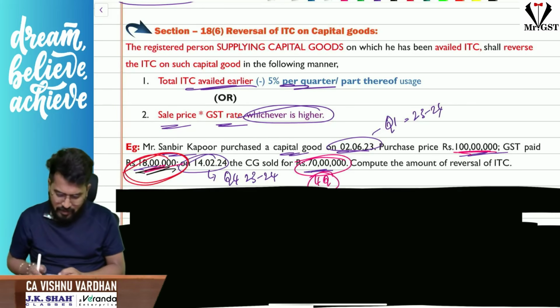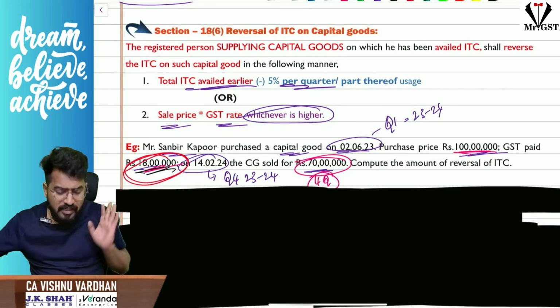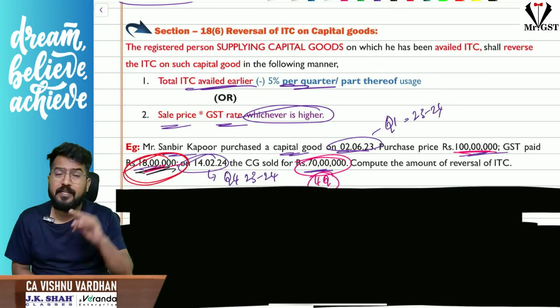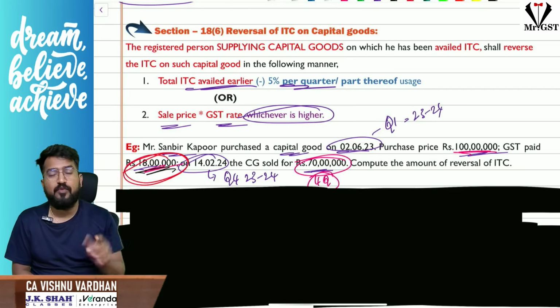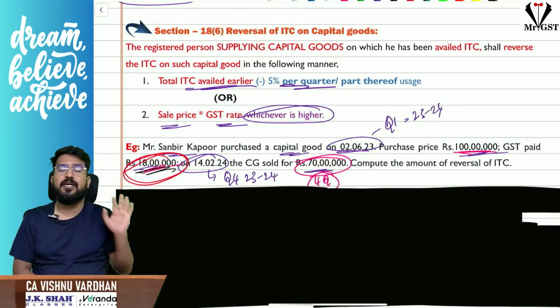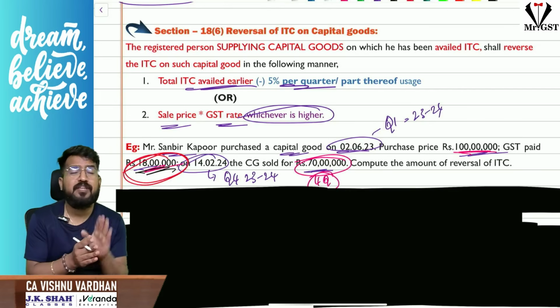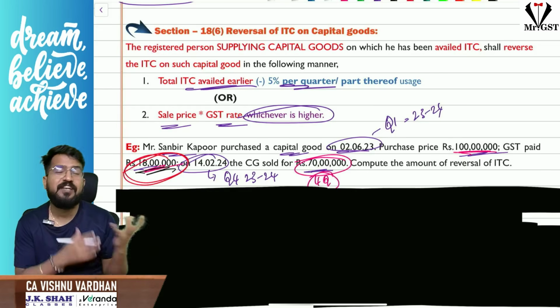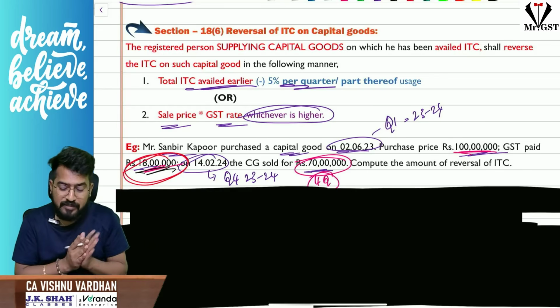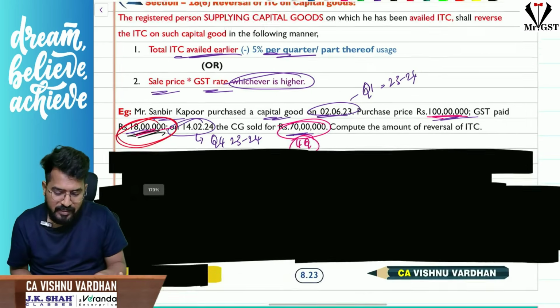That will be the calculation. You should be technically very clear about the wordings you are using. There, total GST paid minus 5% per quarter. Here, total ITC availed minus 5% per quarter or part thereof. And you should compare it with sale price into GST rate; whichever is higher, that much you have to reverse. Please understand that.